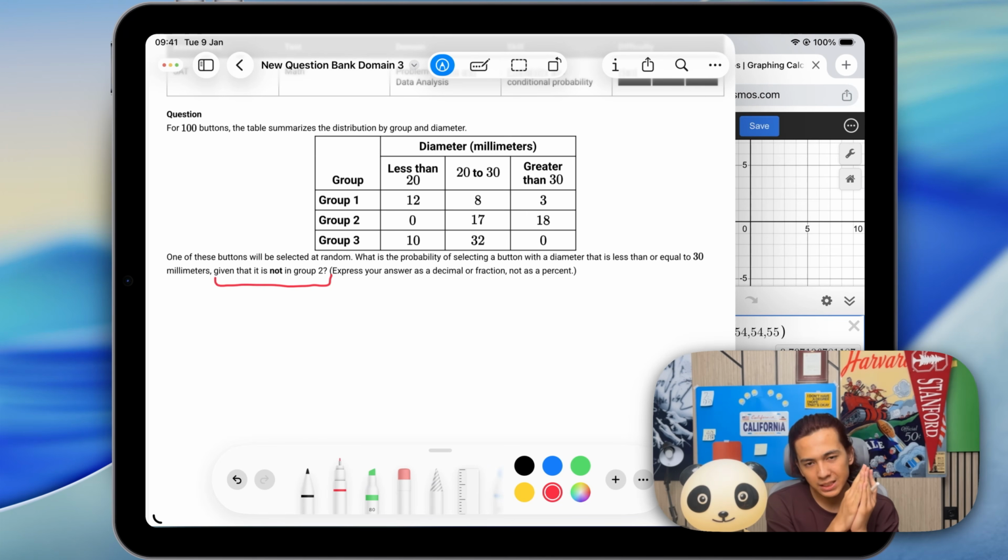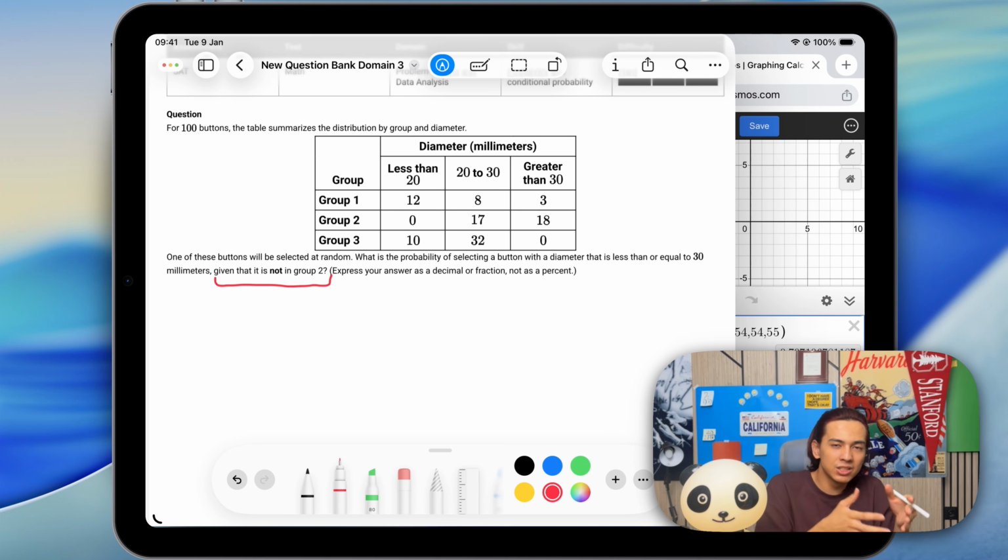That's the biggest thing you want to pay attention to. Whenever you have "given that," make sure you're aware of what's happening there. Given that always changes the population. We're saying it is 100% that you're not choosing from group 2.